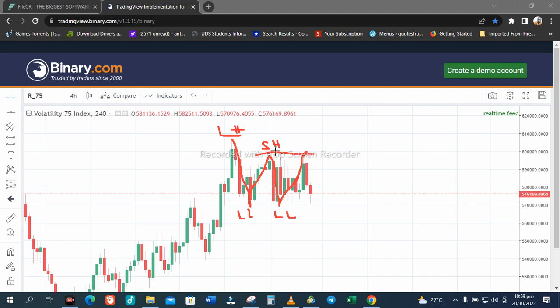This traded up and actually took down the short-term high here, but it is also still an interim low, interim high, short-term high.